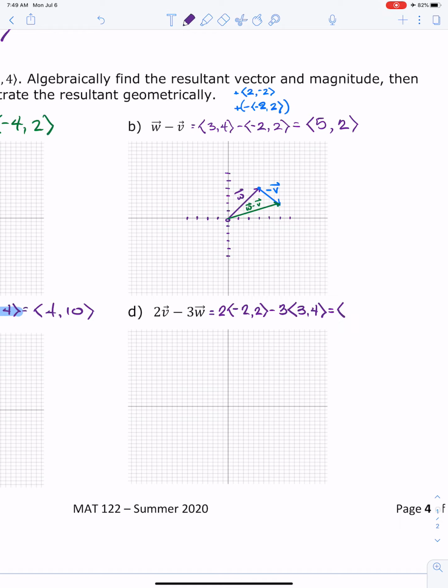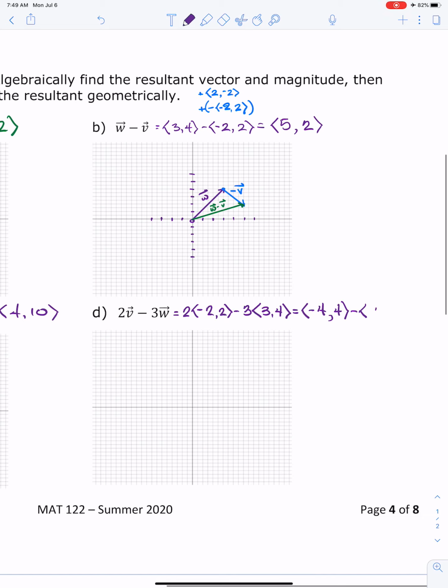I got -4, 4, minus 3 times 3 is 9, 3 times 4 is 12. And so -4 minus 9, -13. 4 minus 12, -8.